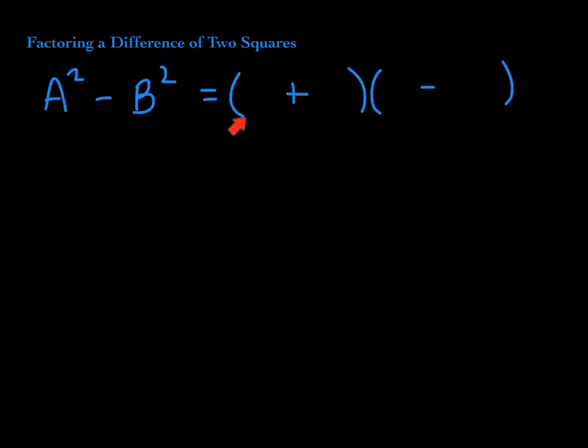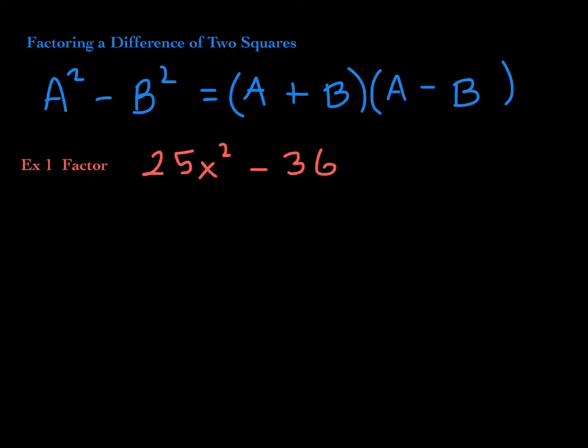And then what we'll put first here is the term whose square gives you a squared. Well, that would be a. And then second, I will put the term whose square gives me b squared. That will be b. So this is the pattern that you and I will follow whenever we want to factor a difference of two squares.